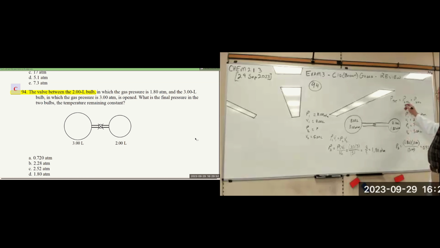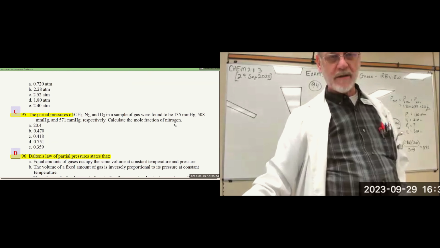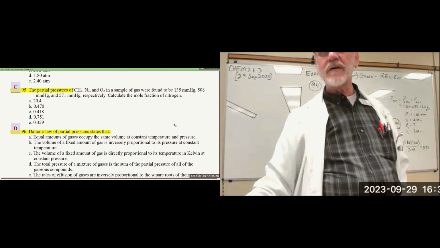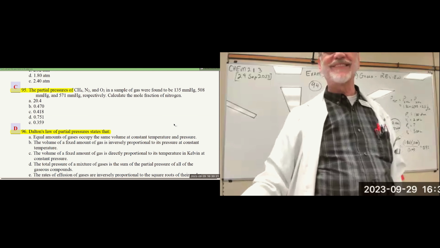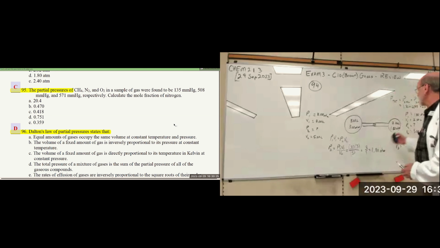So the total pressure is going to be 1.80 plus 0.72. Right? So that's 2.52 atmospheres, which is C. All right, that was 94.